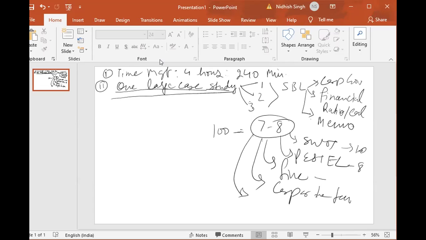Once you have grasped what is going on, you can interconnect all the points, because the various paragraphs, it could have 4 to 5 different paras, will not be divorced from each other. They'll all be interlinked.